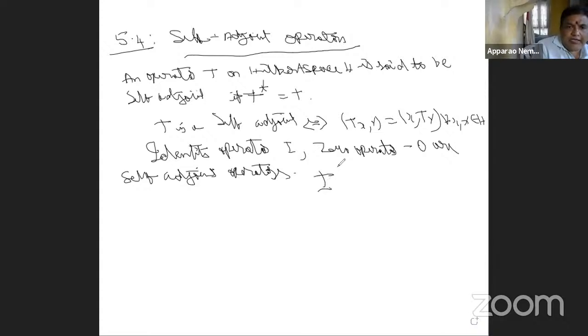That means I star equals I and 0 star equals 0.